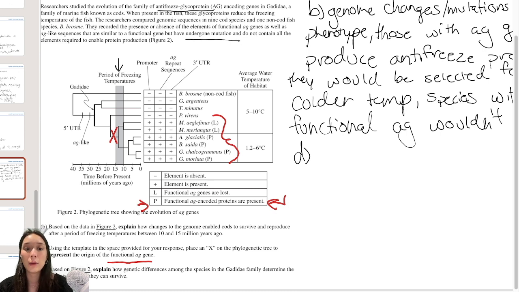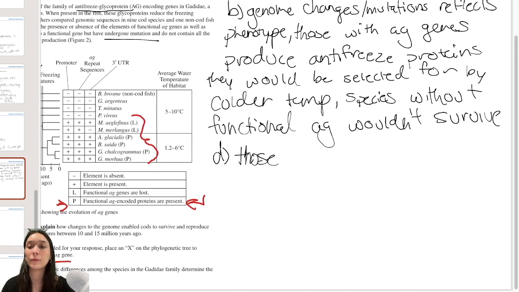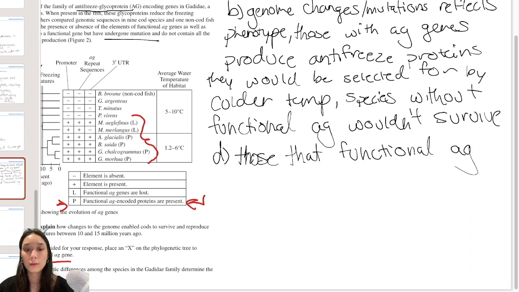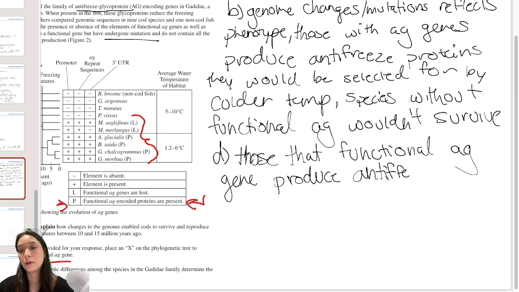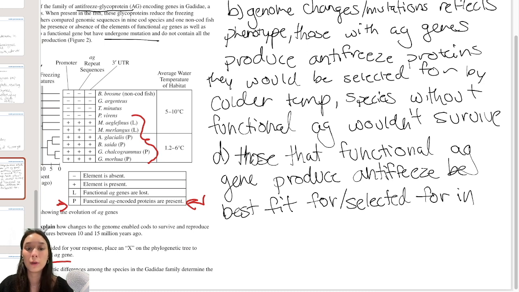So for this one, I would say that those that do have a functional AG gene would produce antifreeze proteins and then be best fit or best suited, or you could also say selected for, in colder environments.